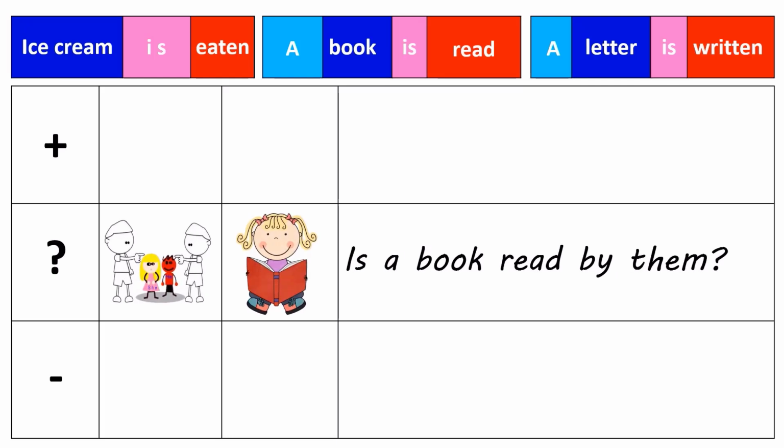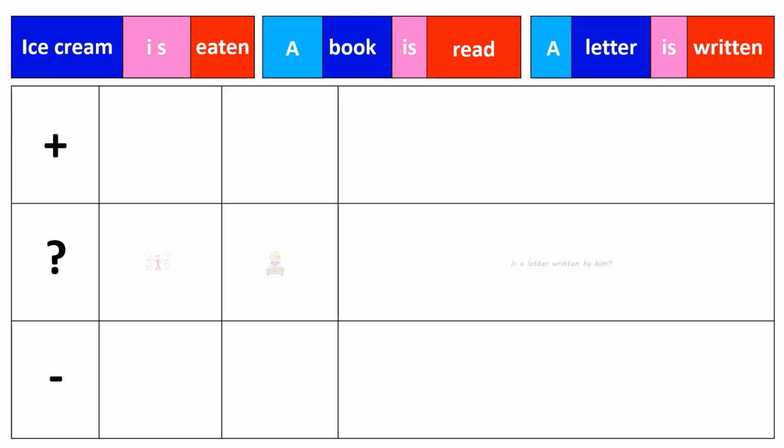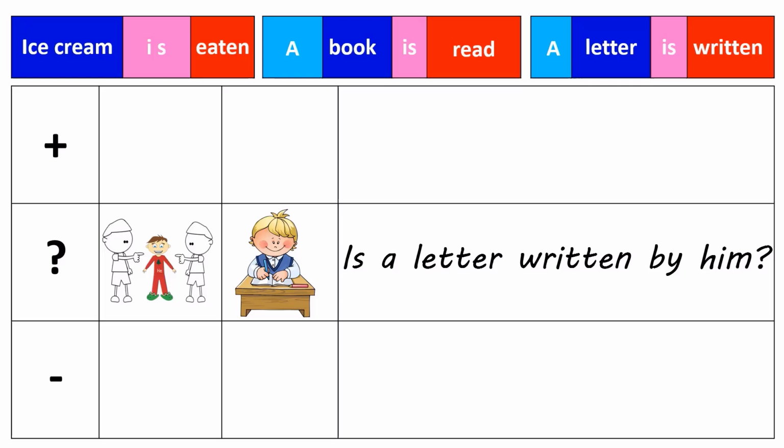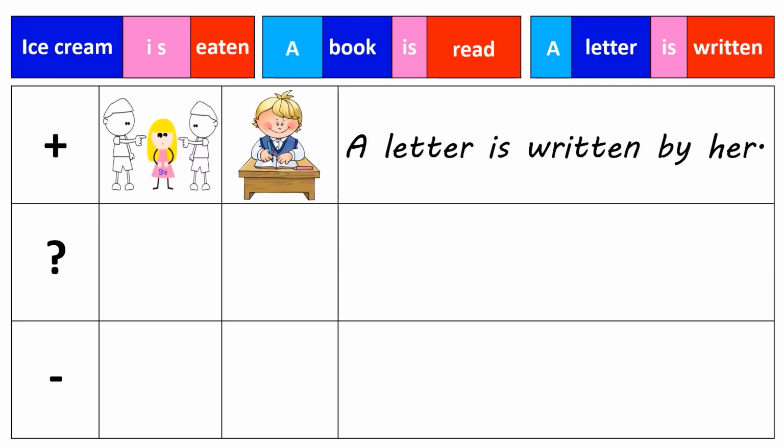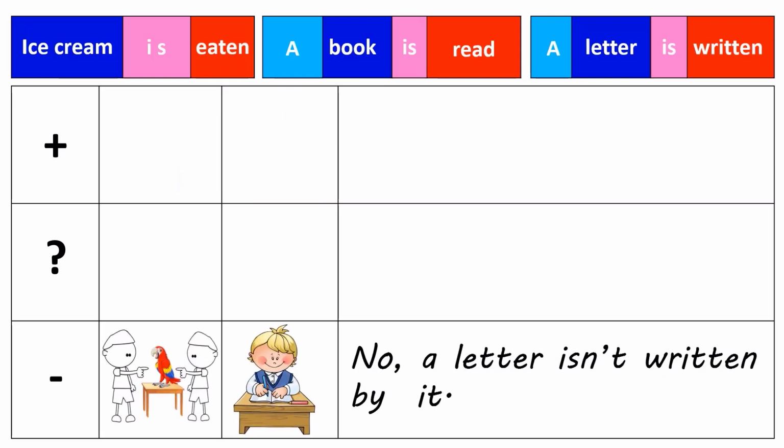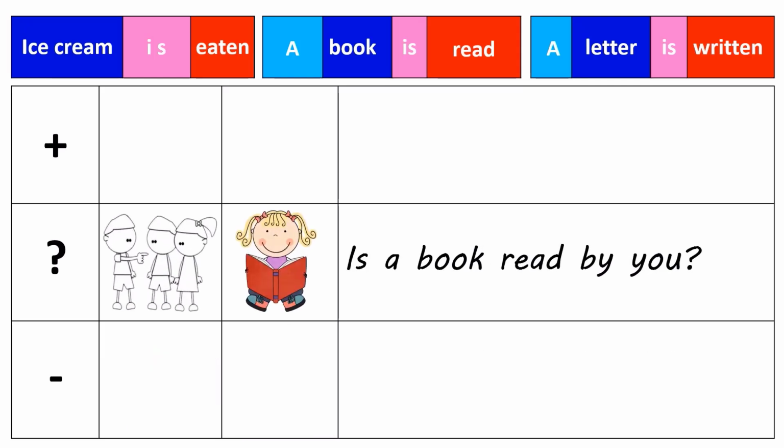Is a book read by them? Is a letter written by him? A letter is written by her. No, a letter isn't written by it. Is a book read by you?